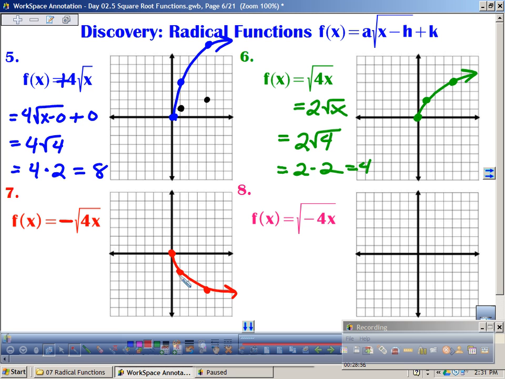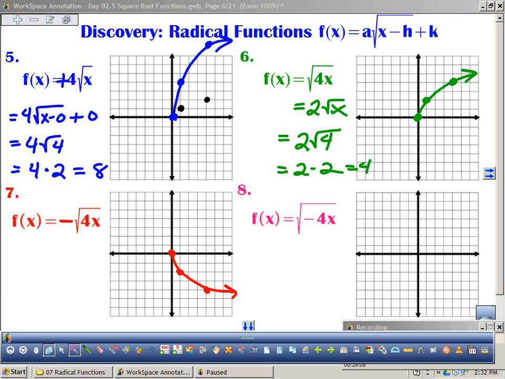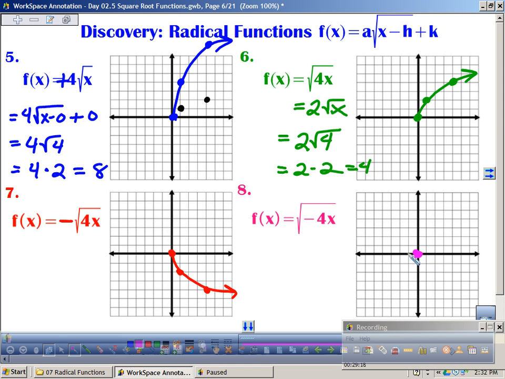But what happens with this one? Same spot. We're starting at 0, 0. But this time, instead of going over 1 up 2, we're going over left 1 and up 2. And over left 4 and up 4. I should really be changing this. This is f of x equals 2 times the square root of x.